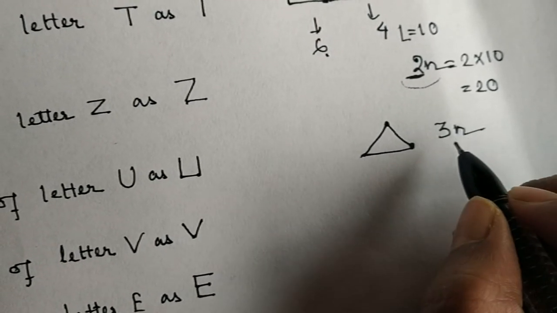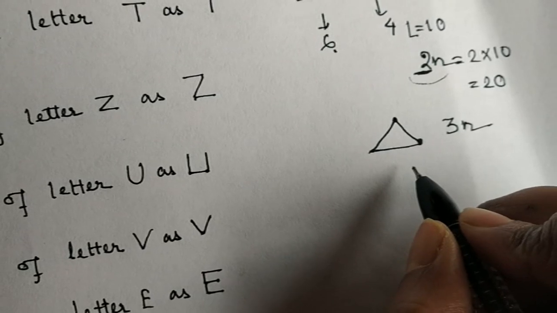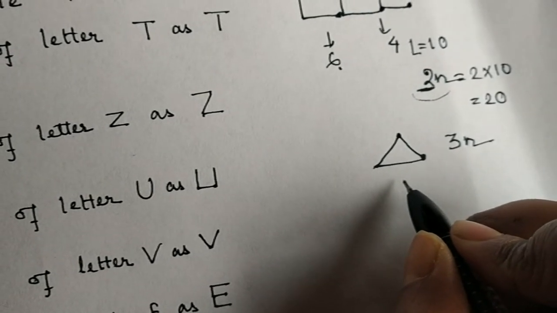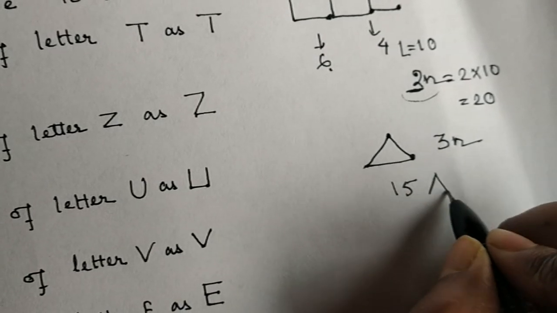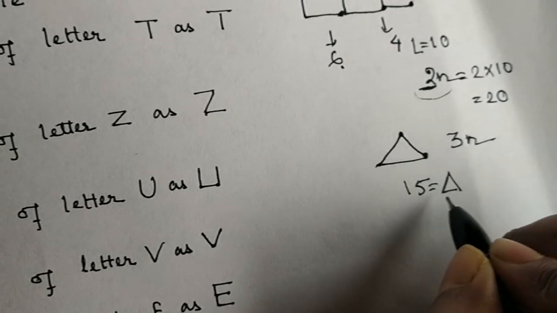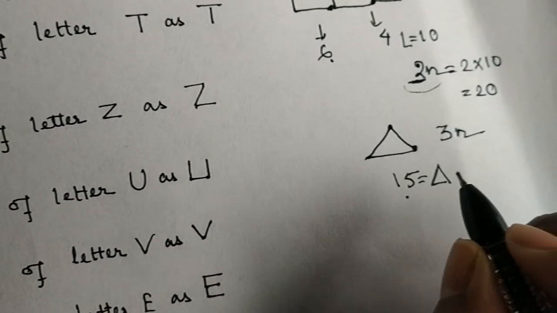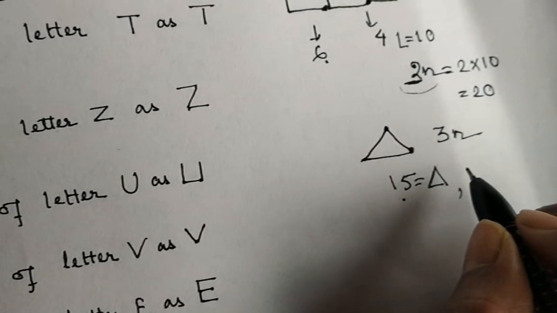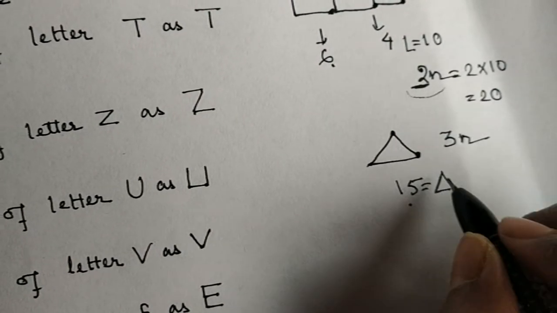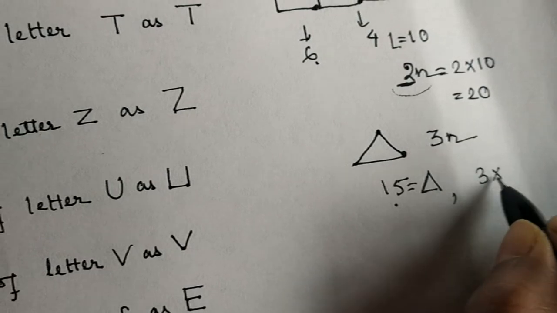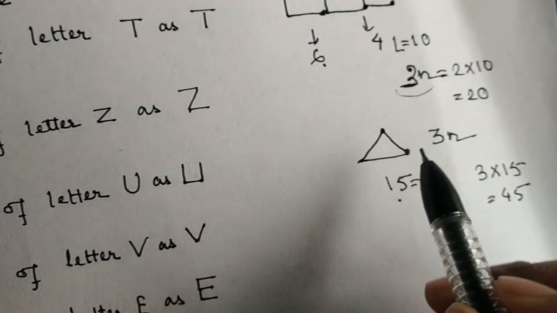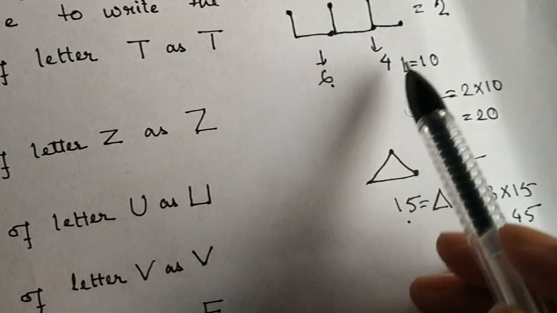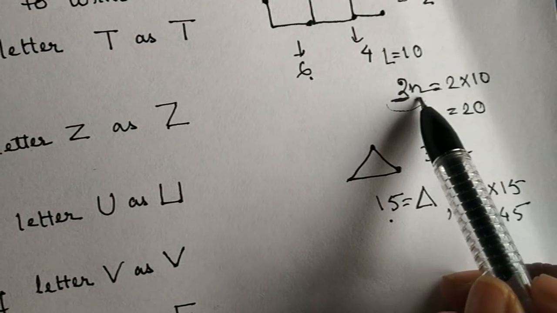Suppose we need to find the mastics for 15 triangles. How many mastics are required to form 15 triangles? It will be 3 into 15, which is 45.